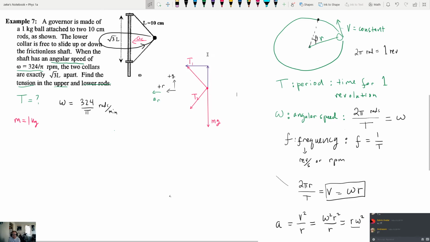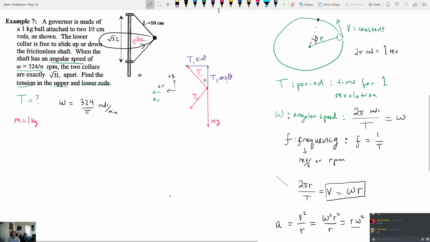So if this is T1, then we're going to need an angle here, and I guess the angle that I'm going to choose is going to be this one. We'll have to calculate what it's equal to. So let's call that angle right there theta. Then this side is going to be T1 times the sine of theta. This side will be T1 cos theta.